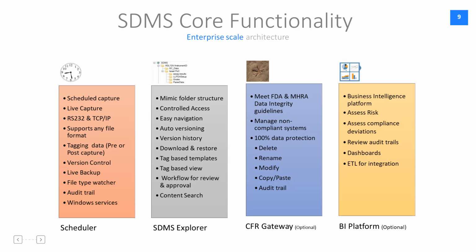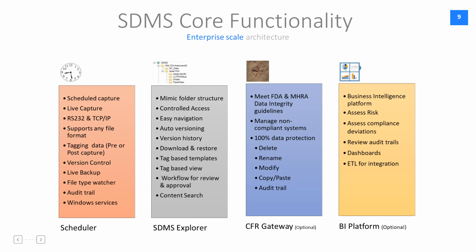Now that FDA and MHRA have taken the risk-based approach for data integrity, business intelligence has become more important in terms of identifying any potential risks that GMP facilities are taking.